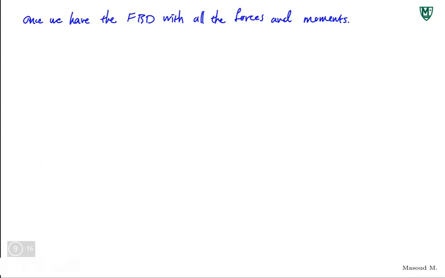Needless to say that if you have an external moment applied to your system, obviously it should be in your rigid body, right? Some couple, moment of a couple. If there is a moment of a couple in your system, obviously it should be there in your free body diagram too, because it's already there and it's one of the moments applied as an external moment.